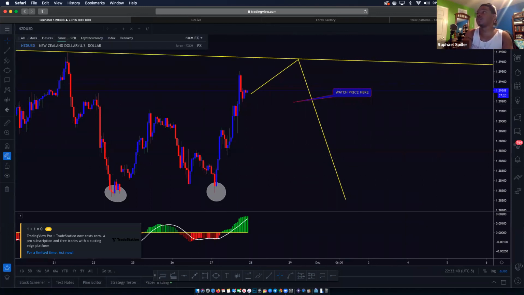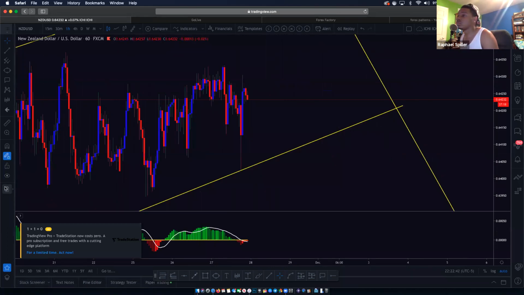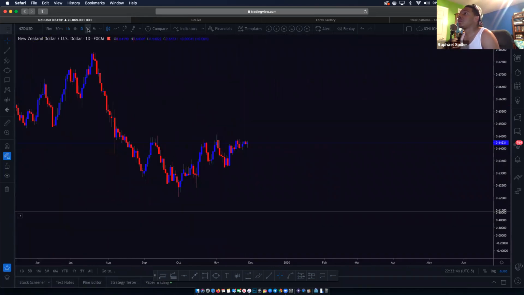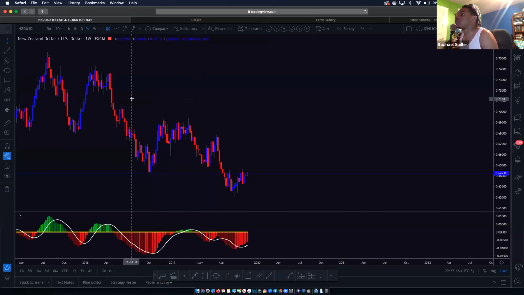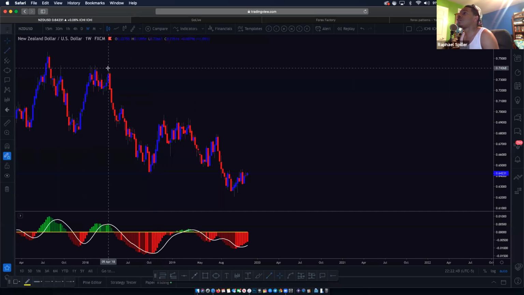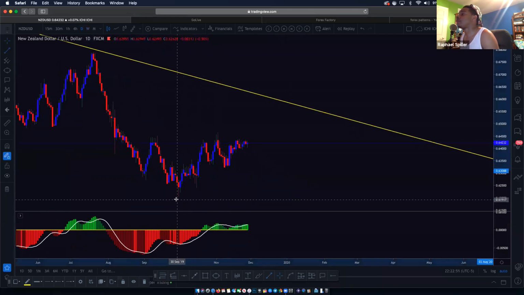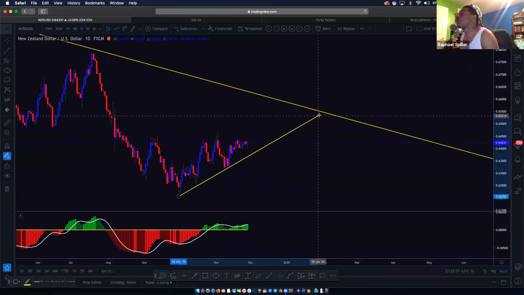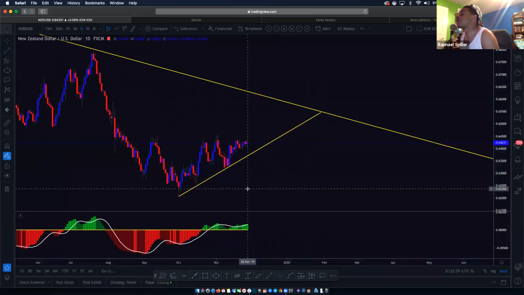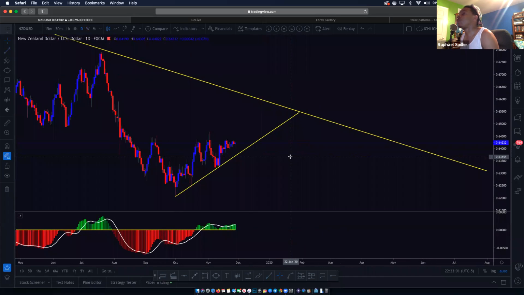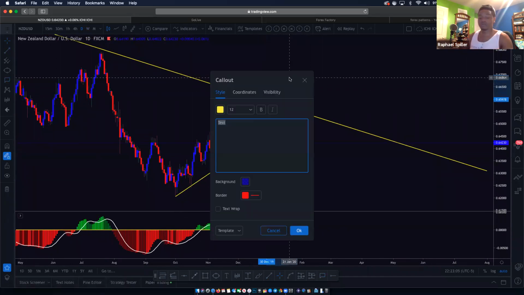NZD USD. Let's back it up. All right, so NZD USD, definitely overall in a sell, just looking at the overall trend. But we do have some buying opportunities coming in. So what we want to do overall is watch price when it gets to this trend line.